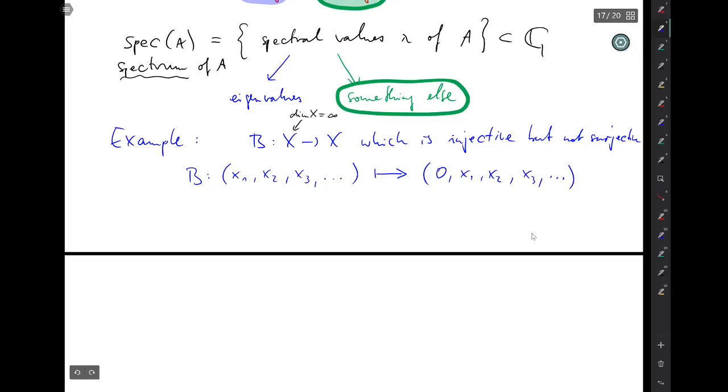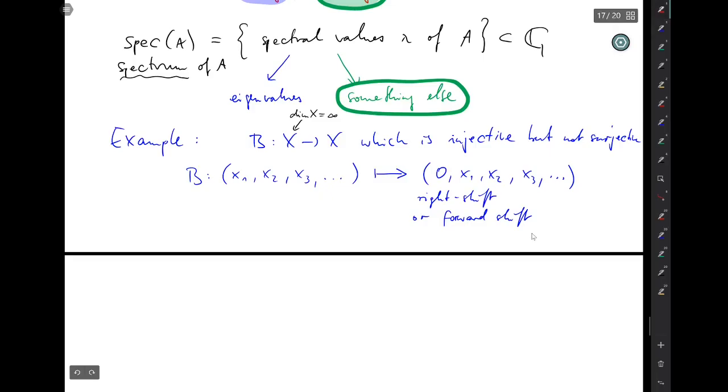So you're not really losing information, you're just shifting everything one position to the right, filling the then empty first position with a 0. That's why this is called the right shift or the forward shift operator.